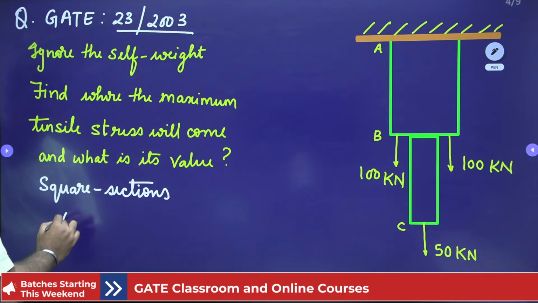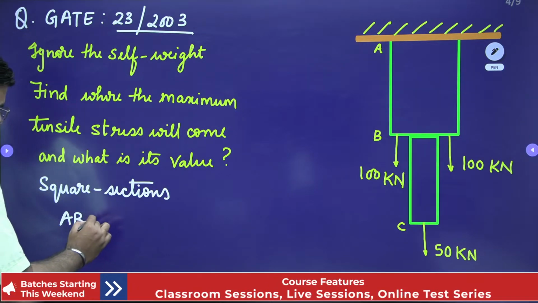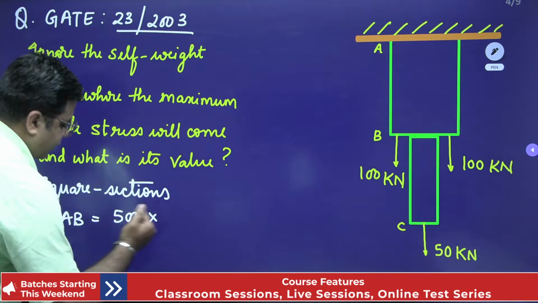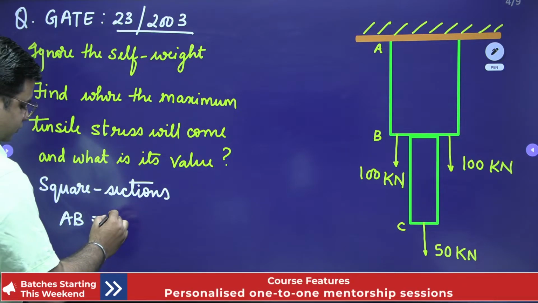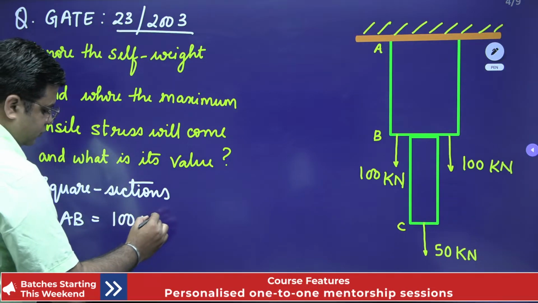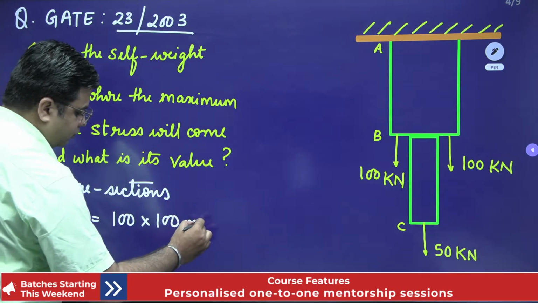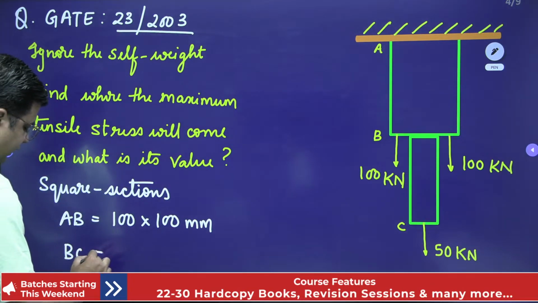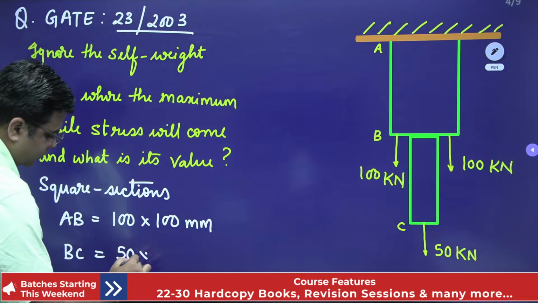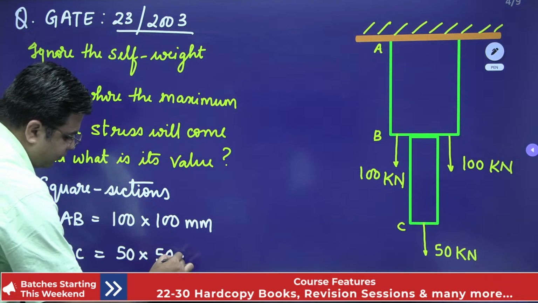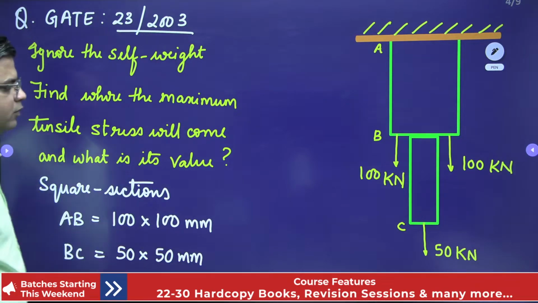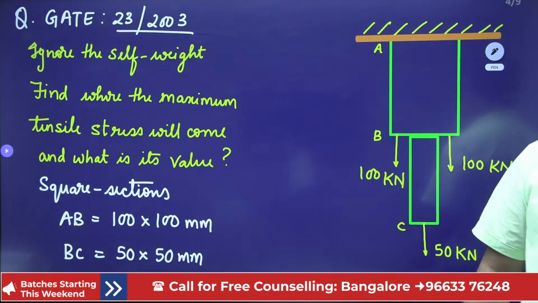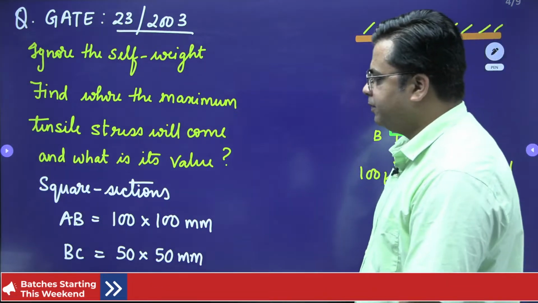For AB, the cross-sectional area is 100 cross 100 mm, and for BC, the area is 50 cross 50 mm. So you have all this data given to you. Just try this question. This is an easy question.